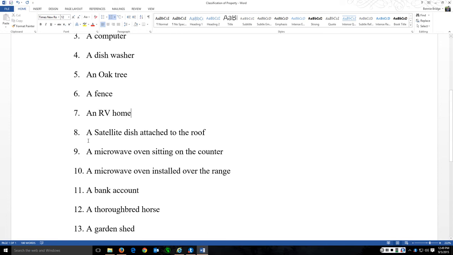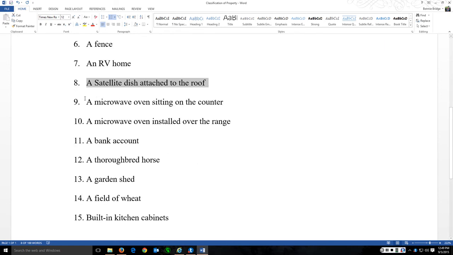Okay, a satellite dish attached to the roof. This is a good one too, because it's attached to the roof. So I believe that this is a case where it's going to come down to a judge having to make a decision about whether the satellite dish is considered a fixture or if it's considered personal property.